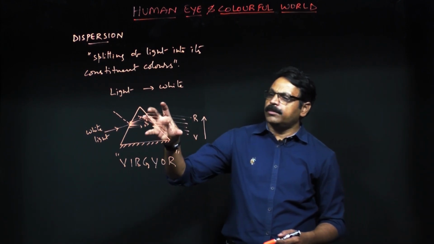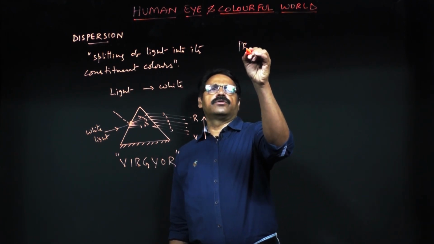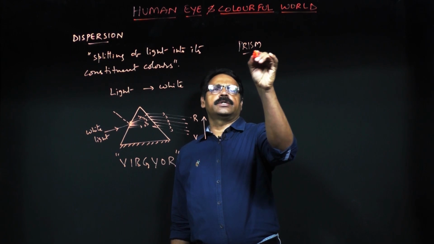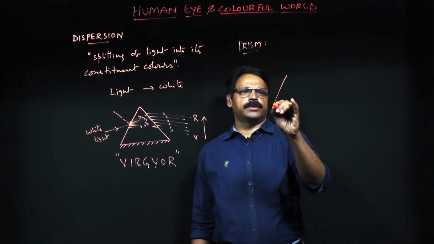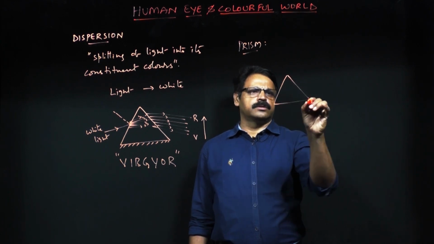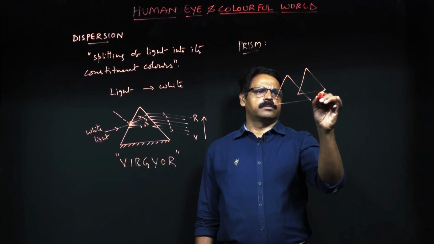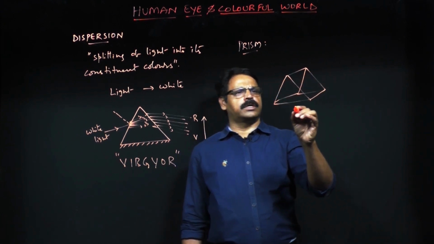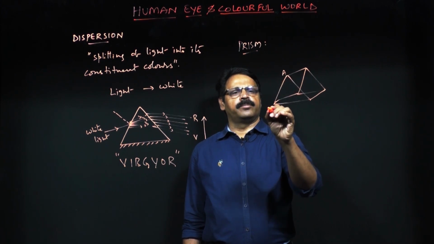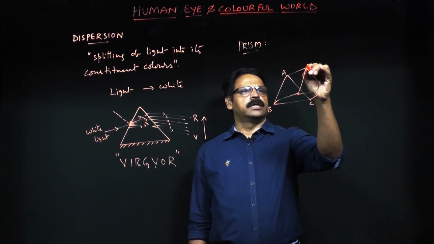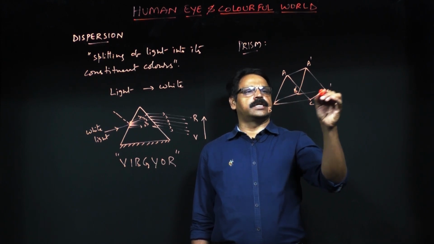Actually it's a 3-dimensional aspect. In detail, when I look at the prism, it is a 3-dimensional picture. It appears to be like this. The actual shape of the prism is going to be like this, and here it has 3 rectangular surfaces, A, B, C, A dash, B dash, C dash, let us say.